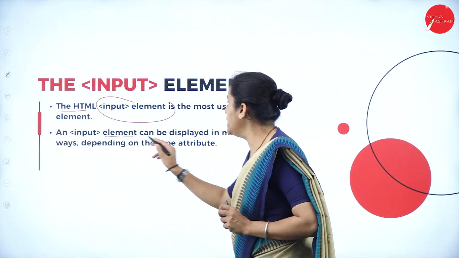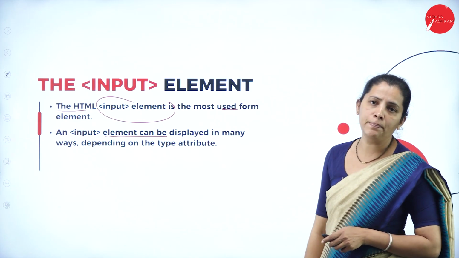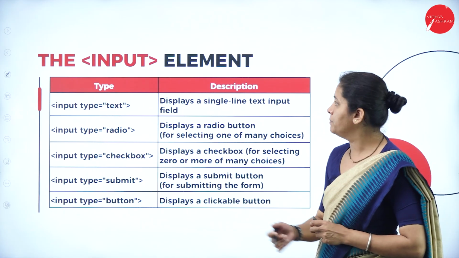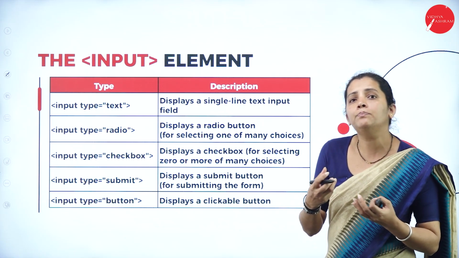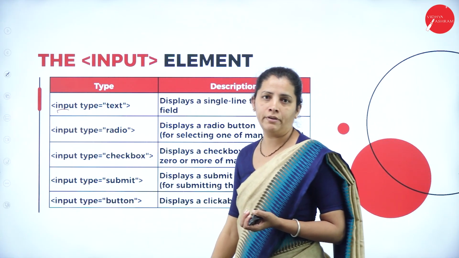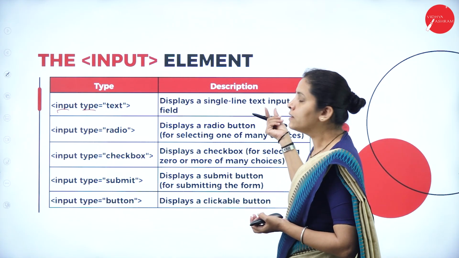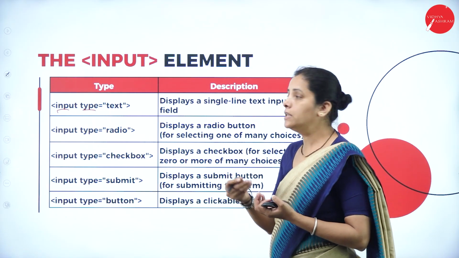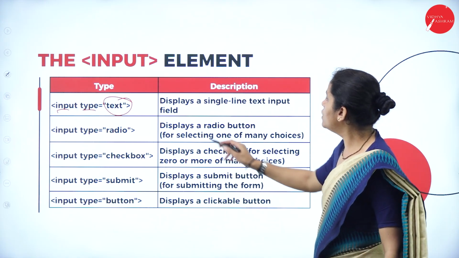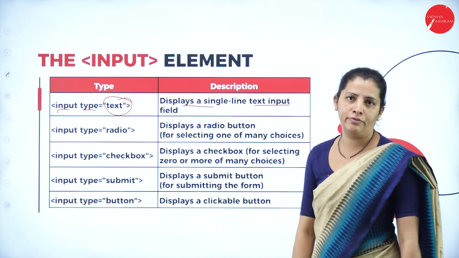An input element can be displayed in many ways depending on the type attribute. Anyway, let's see the example. Before that, whatever input element I can have, see here, input. What is the type of input? If I'm using the input that is text, then the type is text. It displays a single line text input field.